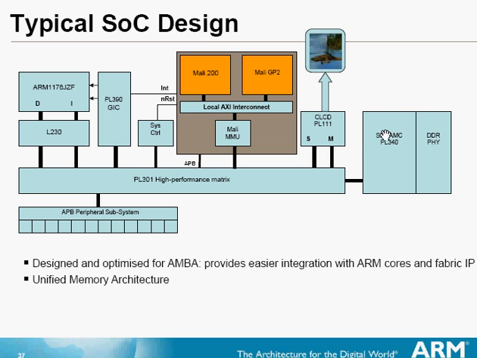This one, PL390, is a generic interrupt controller, GIC, which takes in a number of interrupts, prioritizes them, and signals to the core via the two interrupt pins, FIQ and IRQ.